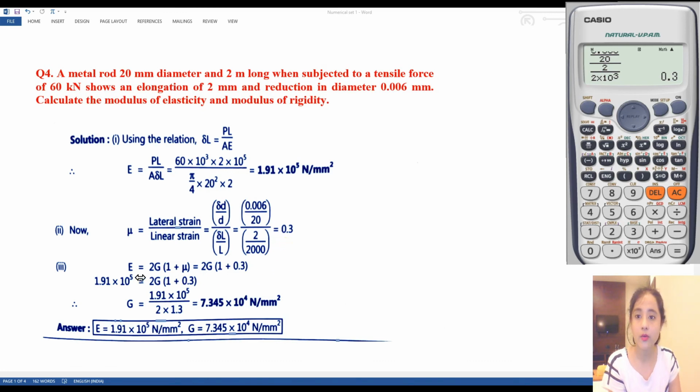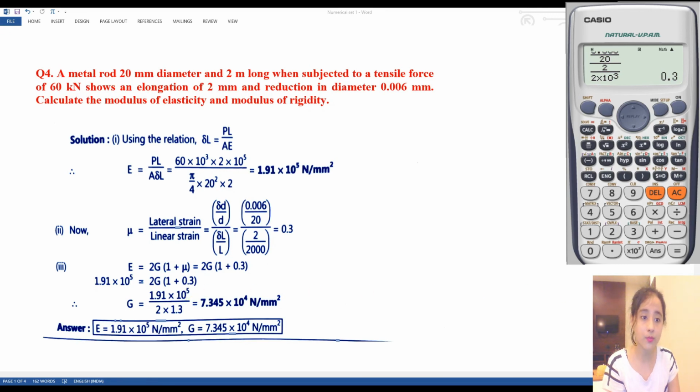Okay. Now हमें वो सब वैल्यू यहाँ पर डालेंगे तो we'll get the value of G. G क्या है? Modulus of rigidity. E कितना मिला है? 1.91 into 10 raised to power 5 equals to 2G. G का वैल्यू फाइंड करना है तो वैसे ही छोड़ दो. 1 plus mu. Mu we have found equal to 0.3. So we have 0.3 here.